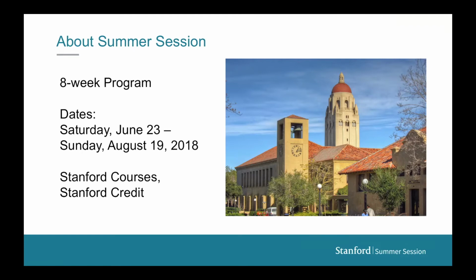This year's dates are Saturday, June 23rd to Sunday, August 19th, 2018. And most students like to come to our program because it's a chance to come to Stanford as a visiting student. You get to take the same courses as Stanford undergrads and graduate students, and you also get to get Stanford credit, which is very, very well sought after, I'd have to say.